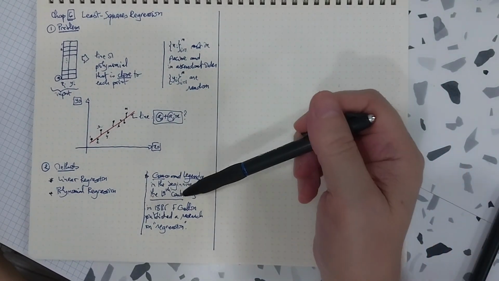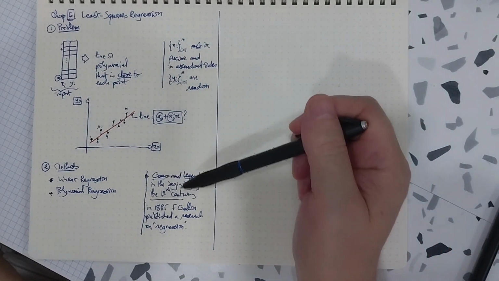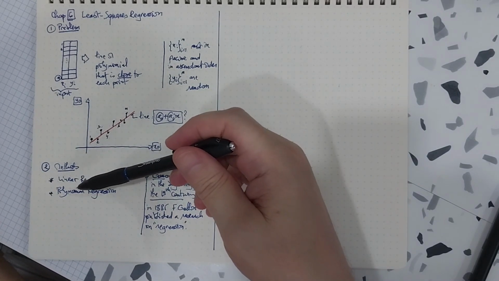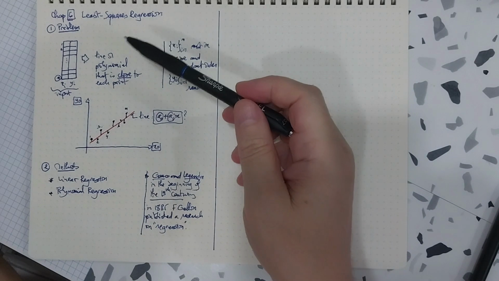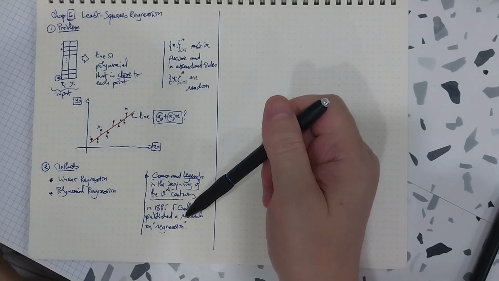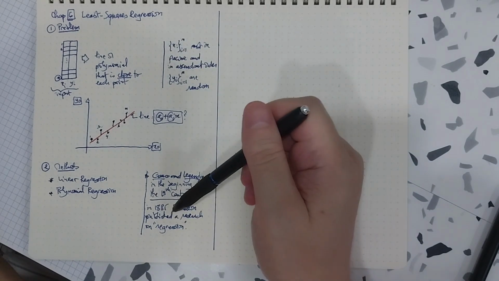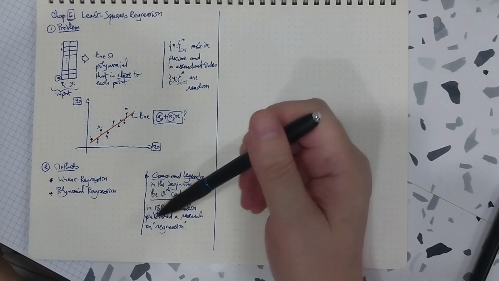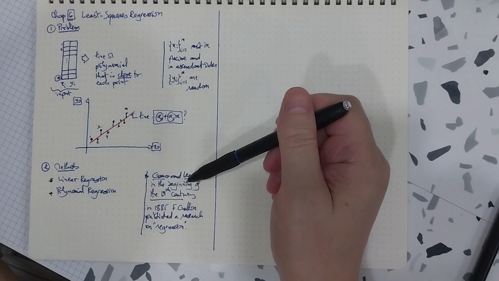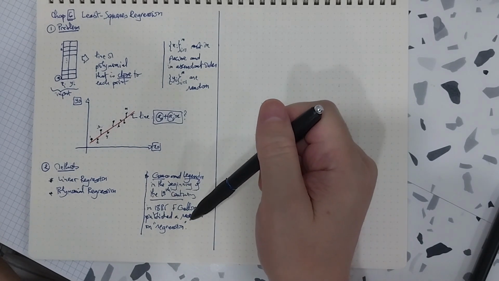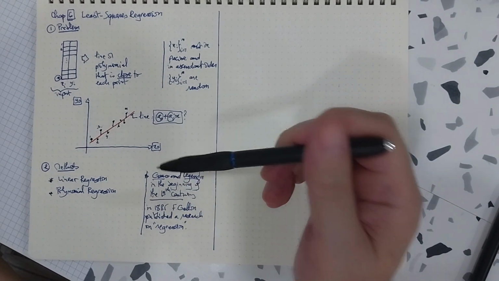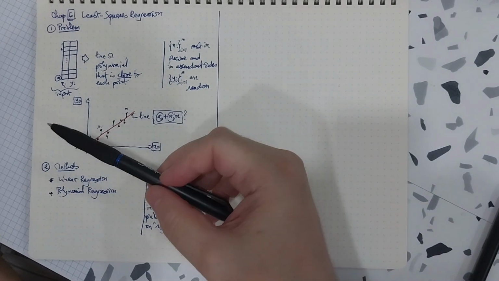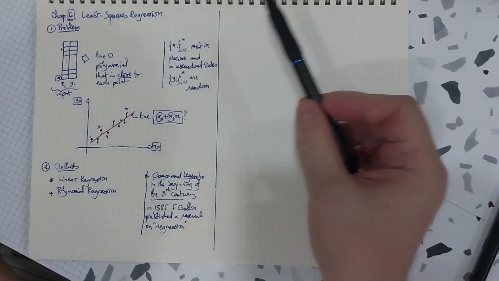Who is behind these methods? Gauss and Legendre were the first to publish on least squares regression. But the term regression was coined by F. Galton in 1885, many years after the publication of Gauss and Legendre. He was studying the heights of sons with respect to their parents and saw the regression of the height towards the mean.